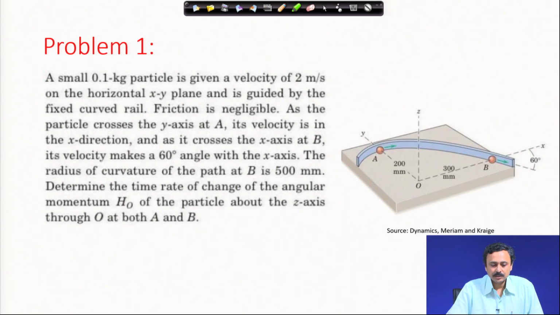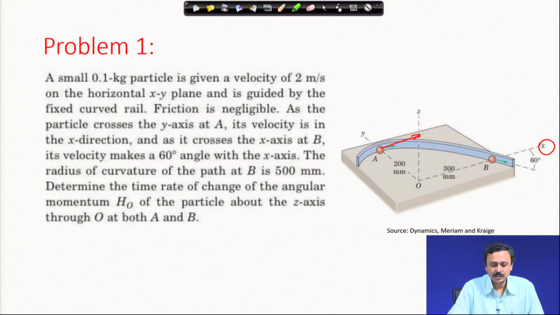As the particle crosses the y axis at A, its velocity is in the x direction. Notice that this is x direction, therefore, the velocity is in the x direction at this point A. And as it crosses the x axis at B, its velocity makes a 60-degree angle with the x axis. This has been shown in the figure.